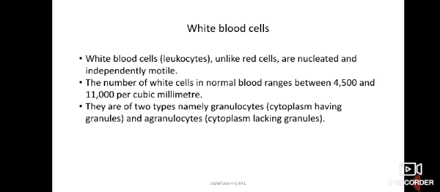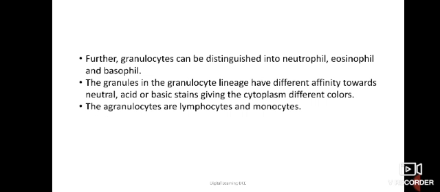They are of two types, namely granulocytes, in which the cytoplasm has granules, and agranulocytes, where the cytoplasm does not contain granules. Further, granulocytes can be distinguished into neutrophils, eosinophils, and basophils.